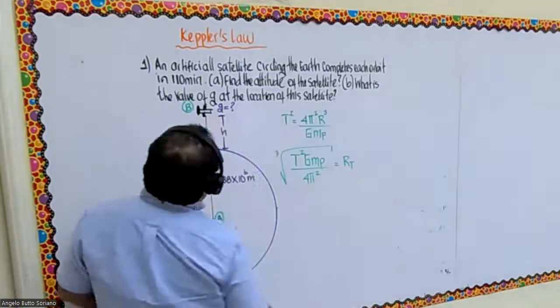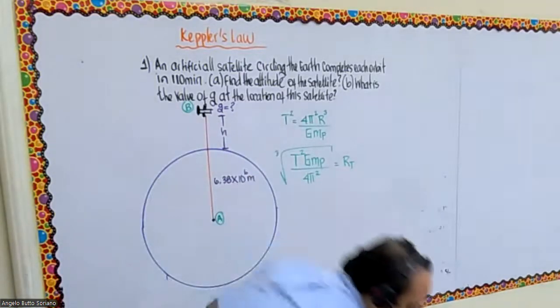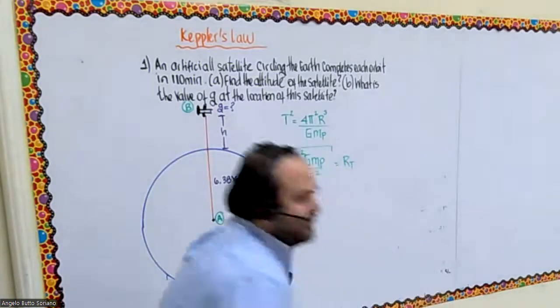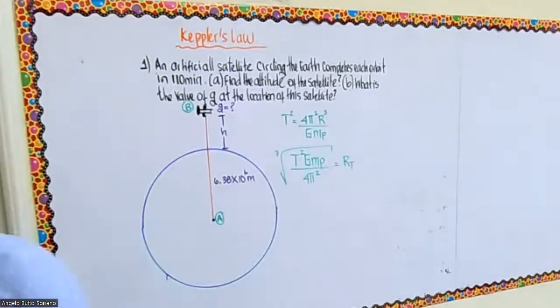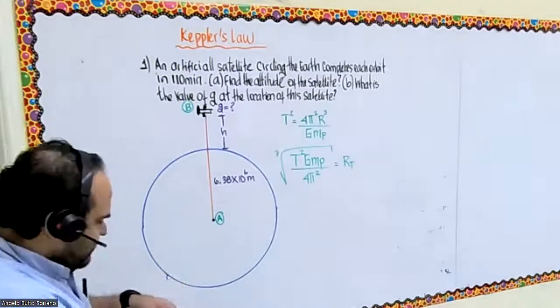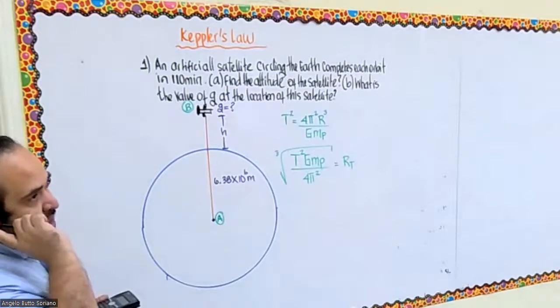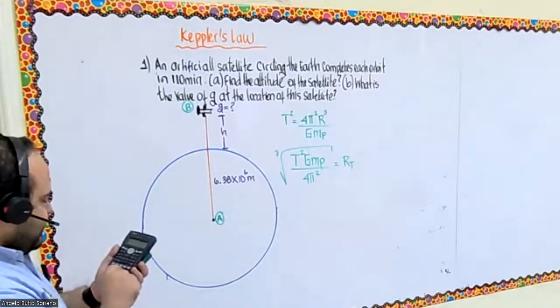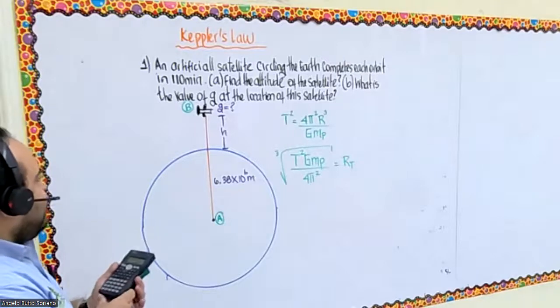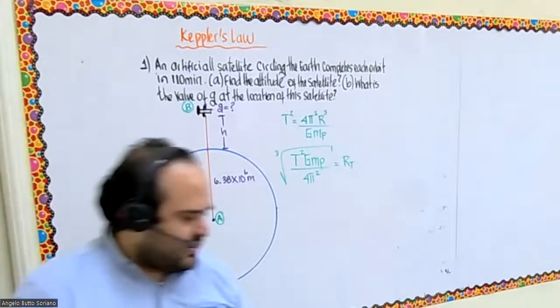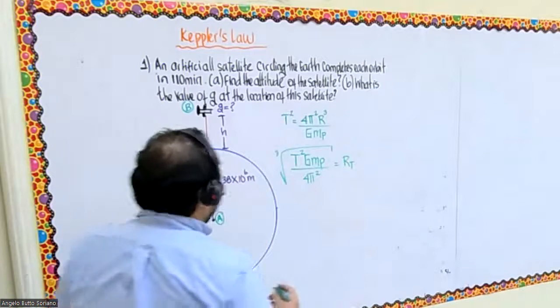So let's substitute. For example, we have 110 minutes, the period of time. But remember, we are not working in minutes, we're working in seconds. Remember 60 seconds in 1 minute, so this period of time will be 6,600 seconds.